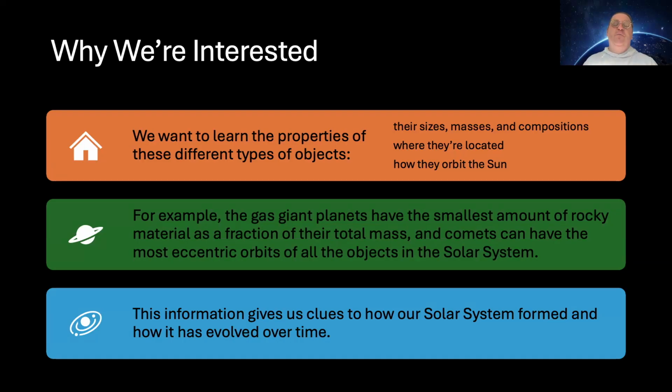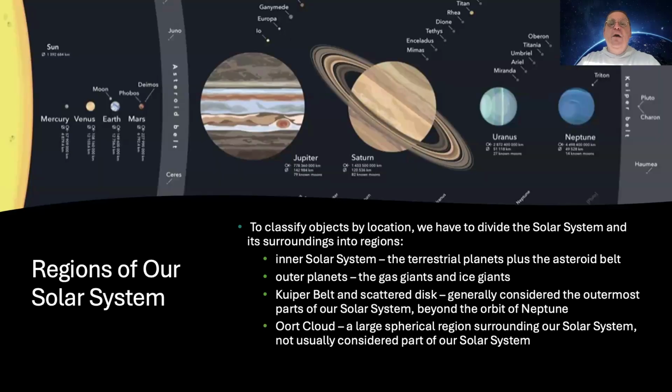Acquiring as much information about these systems in specific and in general is going to help inform us of how these things came into being and how they evolved. When we look at the solar system, we can now define it in effectively four rough regions.